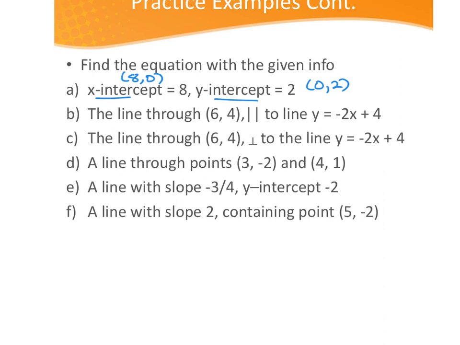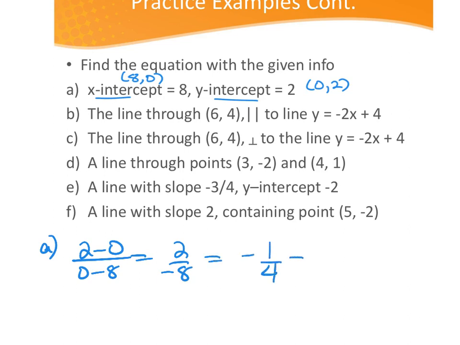Now what I'm going to do is plug those two ordered pairs into the slope formula. So y2 minus y1 divided by x2 minus x1. So I'm going to do 2 minus 0 over 0 minus 8. 2 over -8 gives me a slope of -1/4.